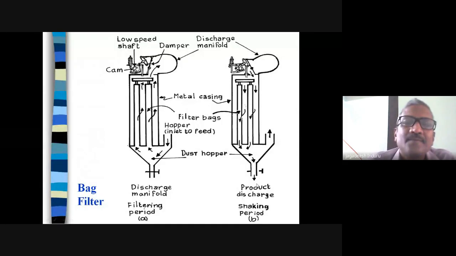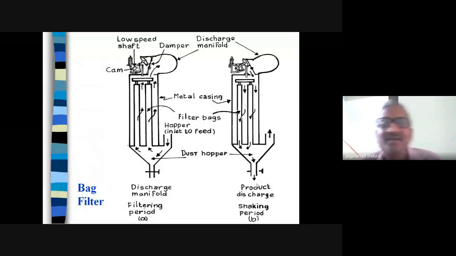You are removing the block, stopping the process, allowing the removal of the material, and again making the filter bag ready for the next filtration period. In this cyclical movement you cause interruptions, and you stop after a particular period, when the batch is over, and you take the material out.